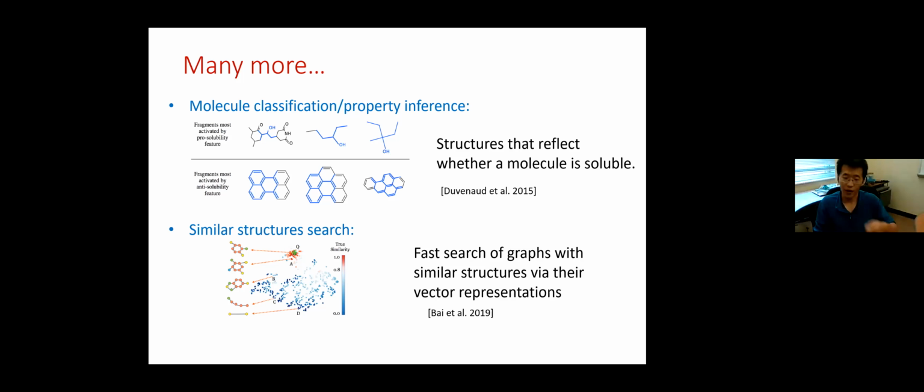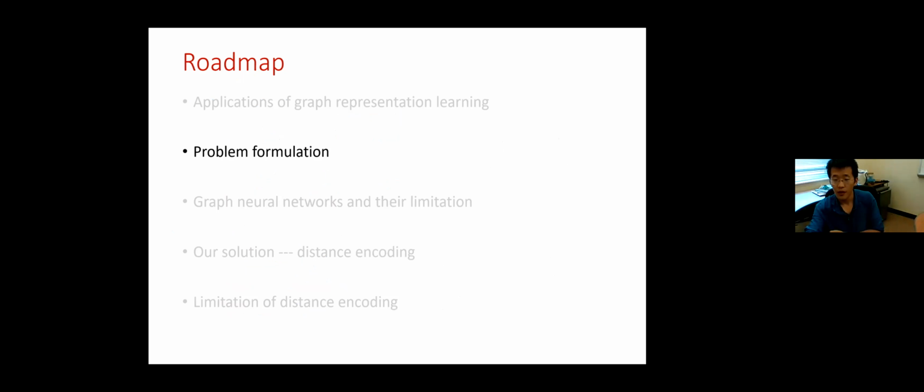And of course, we can also use graph representation learning to do fast search of different graph structures. Okay, so we want to find the graph structures that share a similar type of structure. Now you see there are a lot of applications that can be done by using graph representation learning.